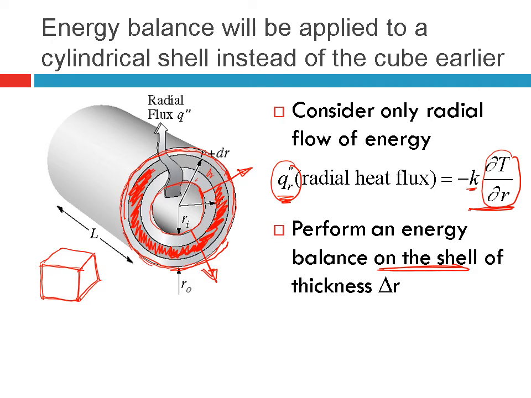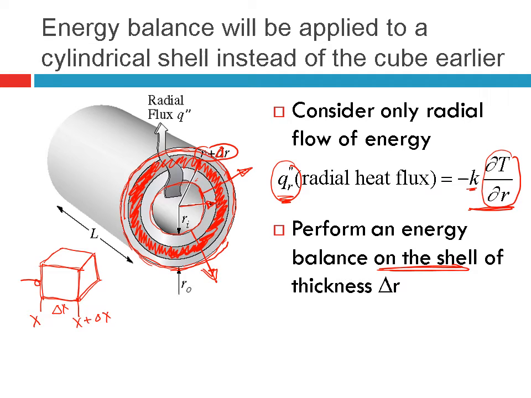Do you all see this? This is a shell whose inside radius is r and the outside radius is r plus delta r. In the same way that this location was x and this location was x plus delta x. So this is delta x thickness, this is delta r thickness.